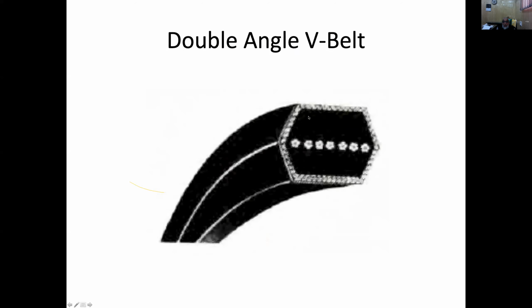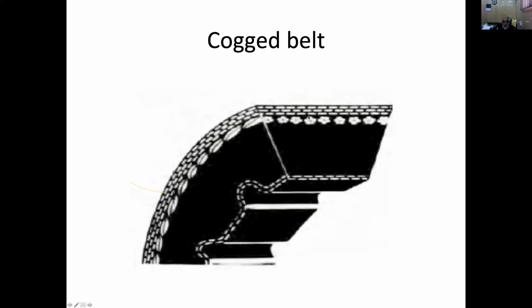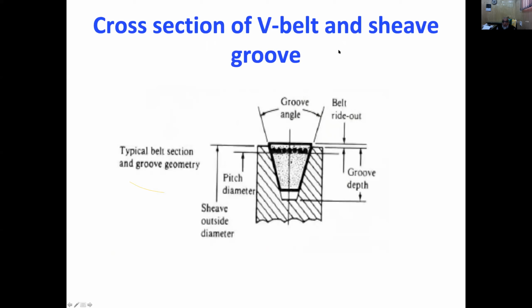Now it's a double angle V belt. This is a cogged belt, and this is the cross section of V belt and sheave groove. Here you should note that this is the cross section, and you can see the pitch diameter, sheave outside diameter, groove depth.